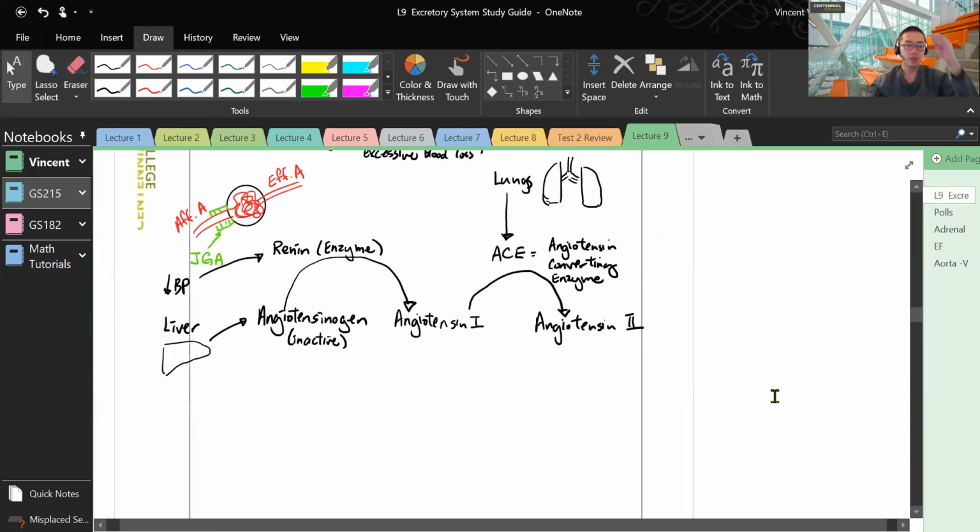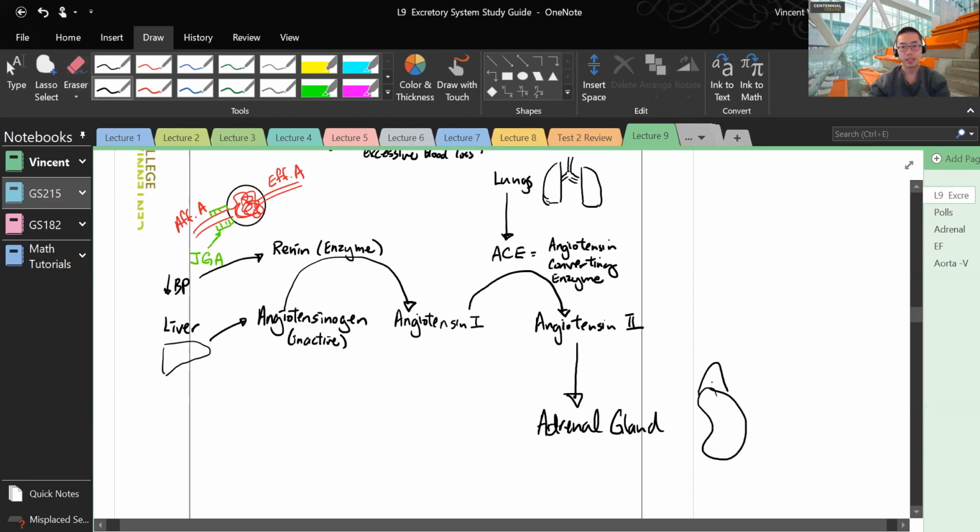So what happens to angiotensin number 2? Well, angiotensin number 2 is actually going to go to your adrenal gland. Remember adrenal gland, right? This is your kidney. Adrenal gland is the thing that sits on top of it, right?